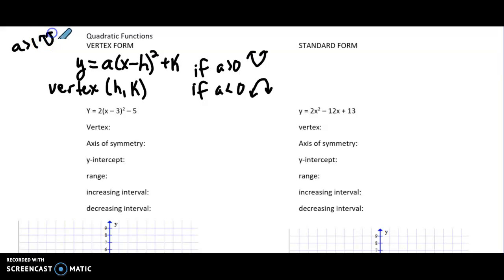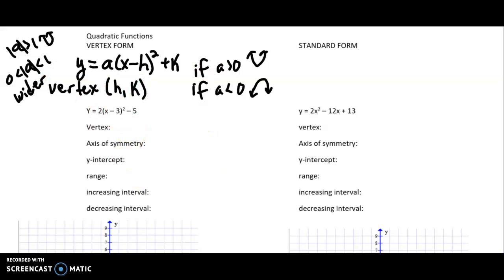It's stretched towards the y-axis. If the absolute value of a, because if a is like -2, that's going to be skinny, but it's just going to be pointing downwards. And if the absolute value of a is between 0 and 1, if it's a fraction, like a half or 2/3, then it's going to be wider. Just little notes that you can jot down.